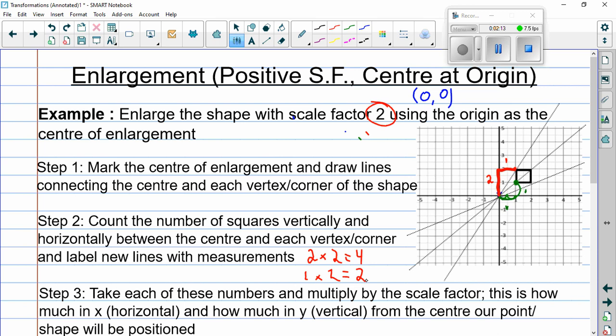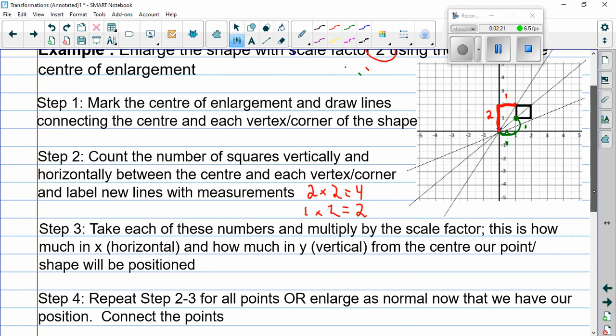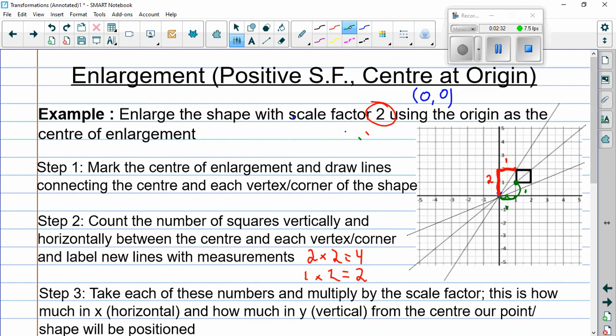So that is actually part of step 3 as well. What these numbers, our calculations in red, tell us is how far from our center our shape is going to be. So for our green corner that we've worked with, I'm going to do this one first.